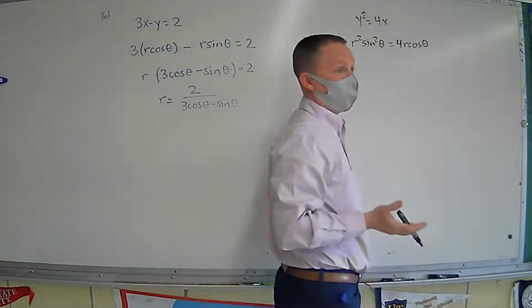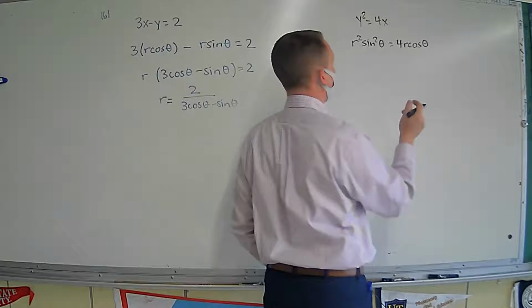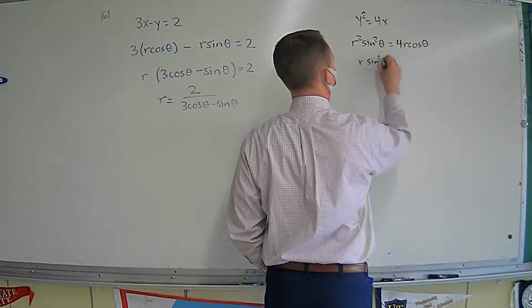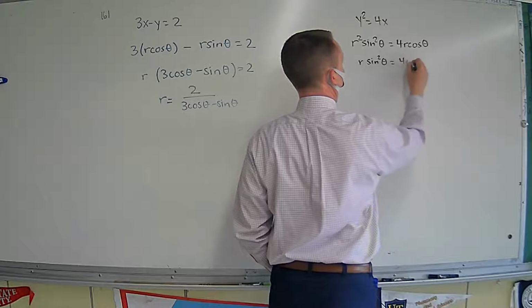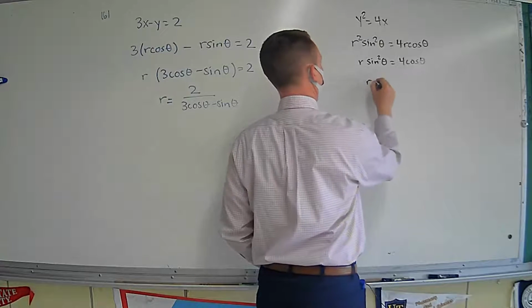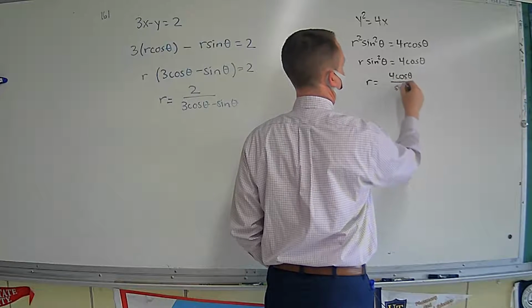So now if I divide both sides by r, which is a potential problem, but if we want to get this solved for r, we would have r sine squared theta equals 4 cosine theta. And then r equals 4 cosine theta over sine squared theta.